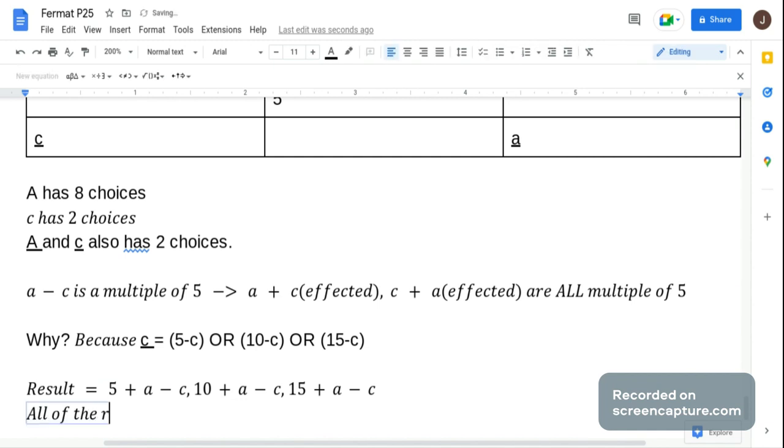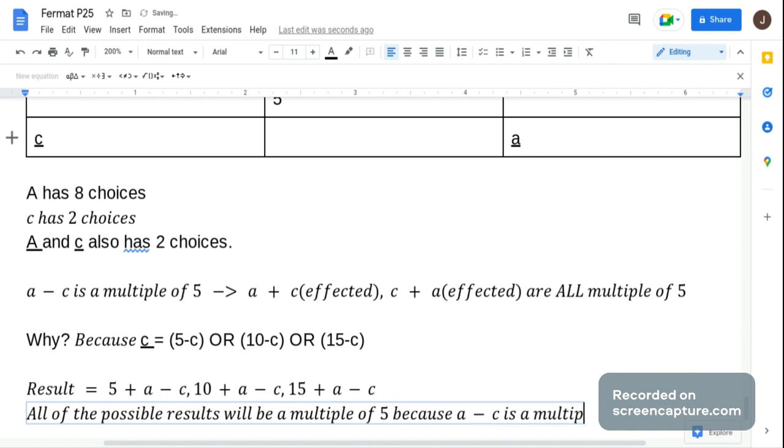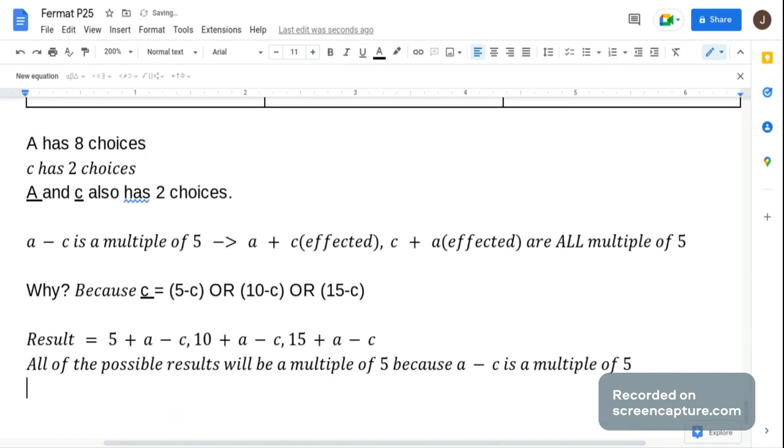All of the possible results will be a multiple of 5, because A minus C is a multiple of 5.